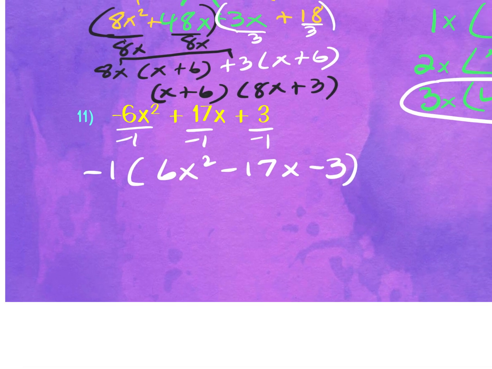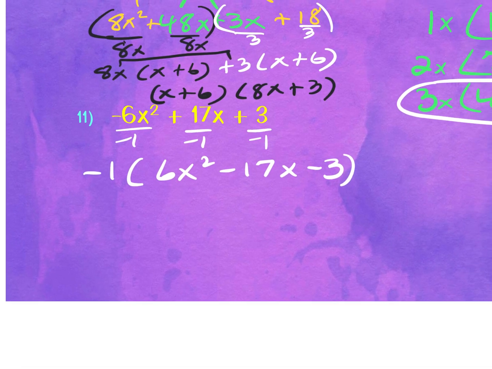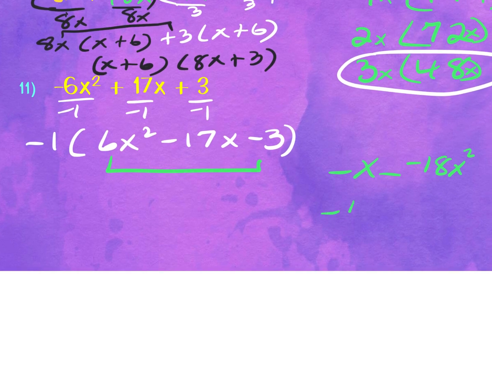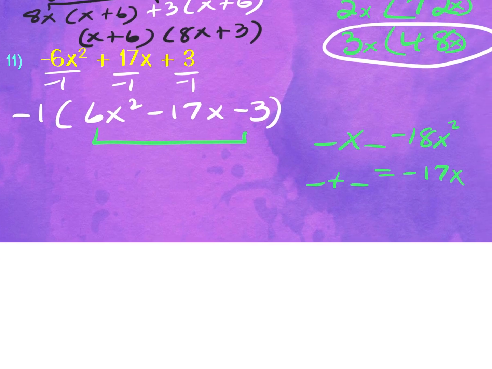So now, what I'm going to do is multiply the first and the last. I'm looking for two numbers that are going to multiply to give me -18x squared, but who will add to give me -17x. So if I start my list, I need different signs.